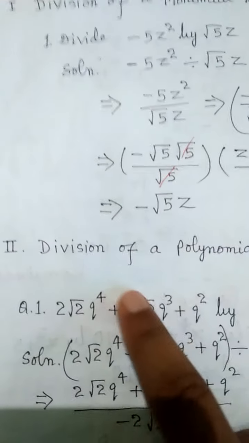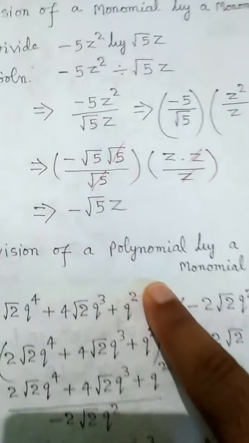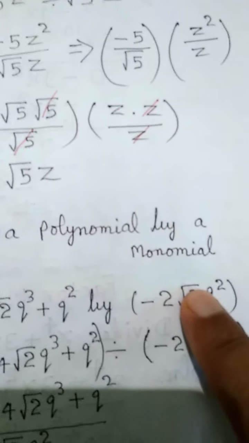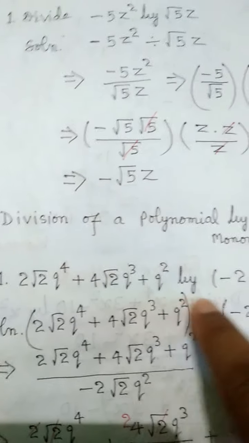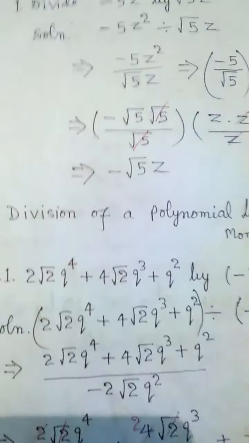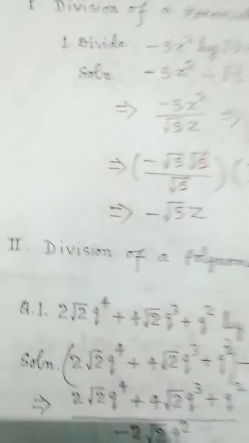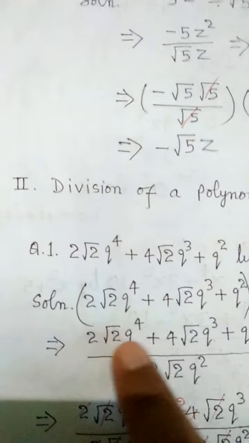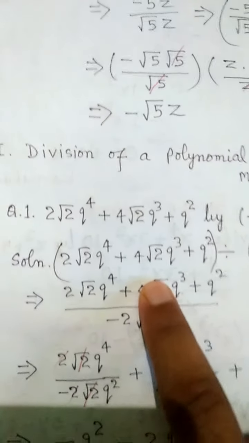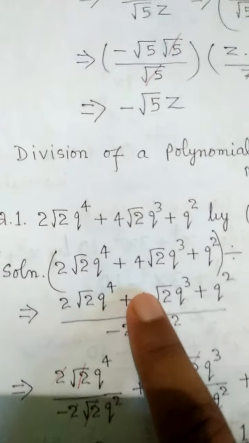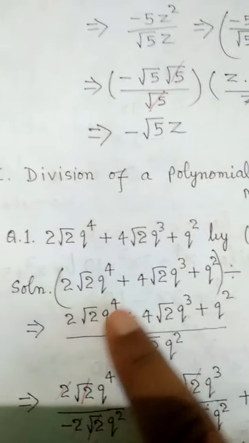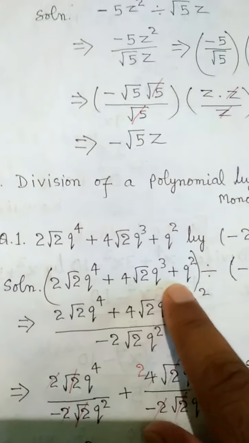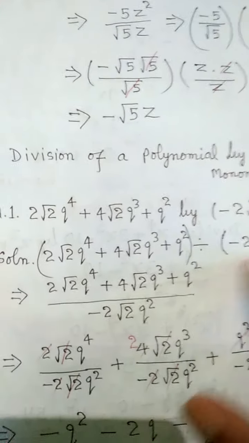Now, division of a polynomial by a monomial. See, this one is a polynomial and this one is going to be divided by this monomial. We can write it like this: we can separate each term and those terms will be divided by this one.